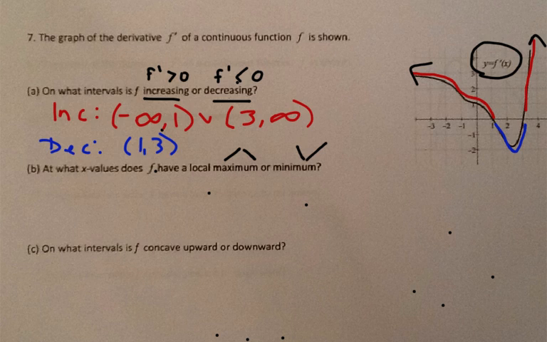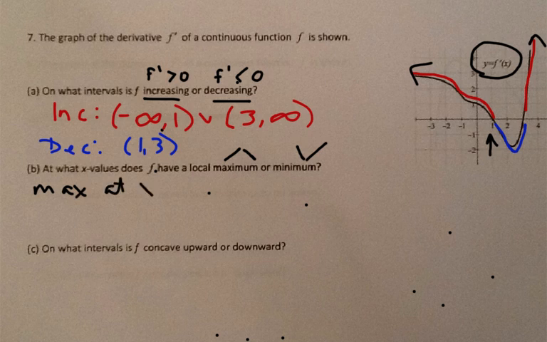So, for this particular graph, I have a positive first derivative to start, which means I'm increasing. Then I switch to a negative, which means I'm decreasing. So this first 0 of my first derivative graph represents a maximum.